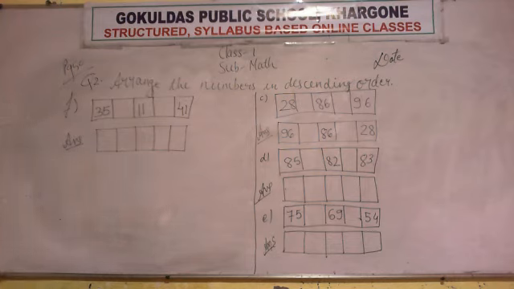I will give you 1 minute for 1 question, so I will give you 3 minutes to solve these 3 questions D, E and F. So write the answers fast.